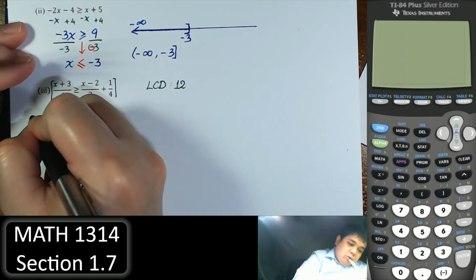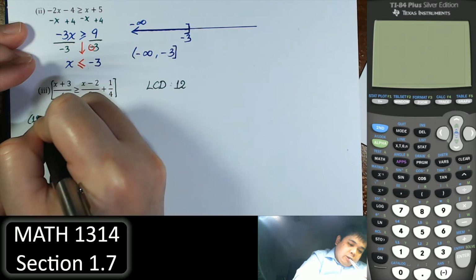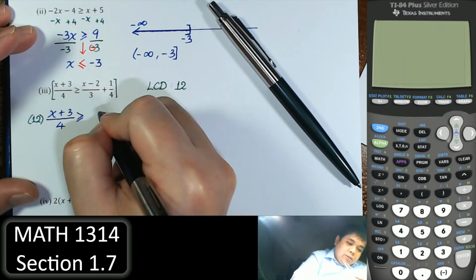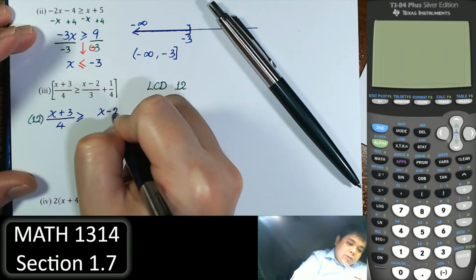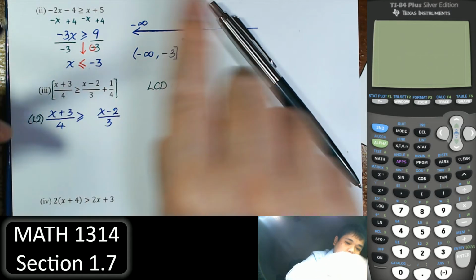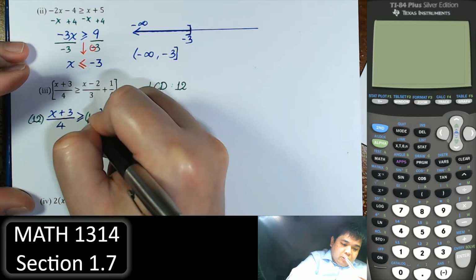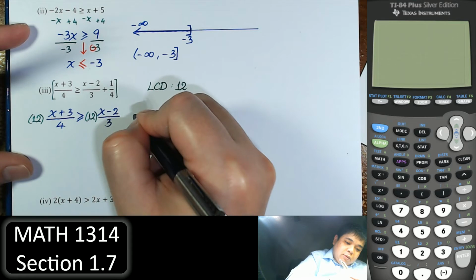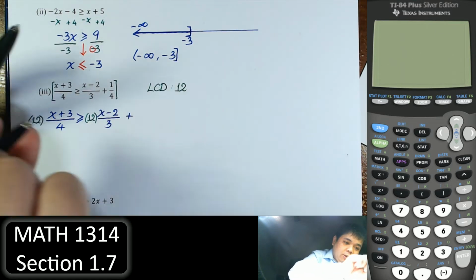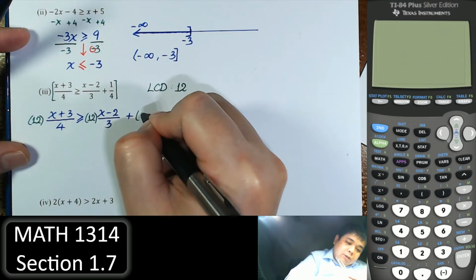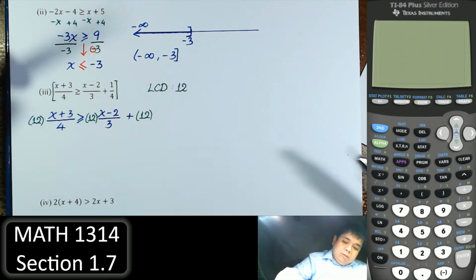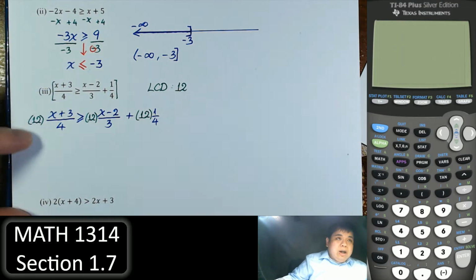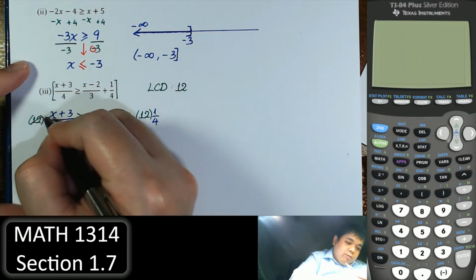So multiply by 12. So when we do that, 12 and 4 cancel out, there's 3 left.